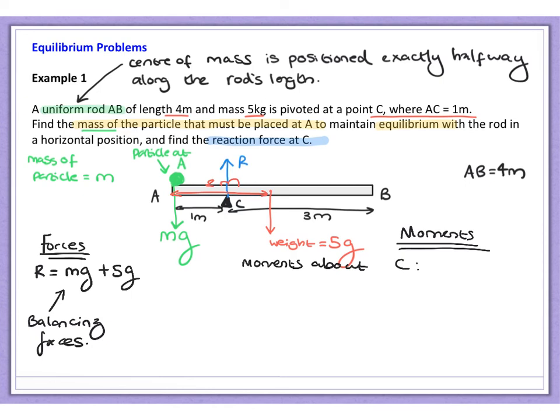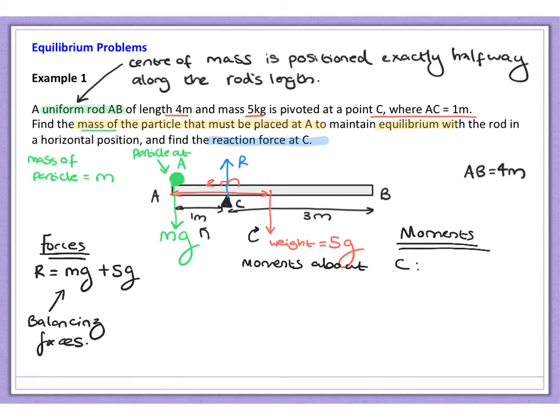You will. So taking moments about point C, well, we know that the weight of the rod will have a clockwise moment and the weight of the particle will create an anti-clockwise moment.